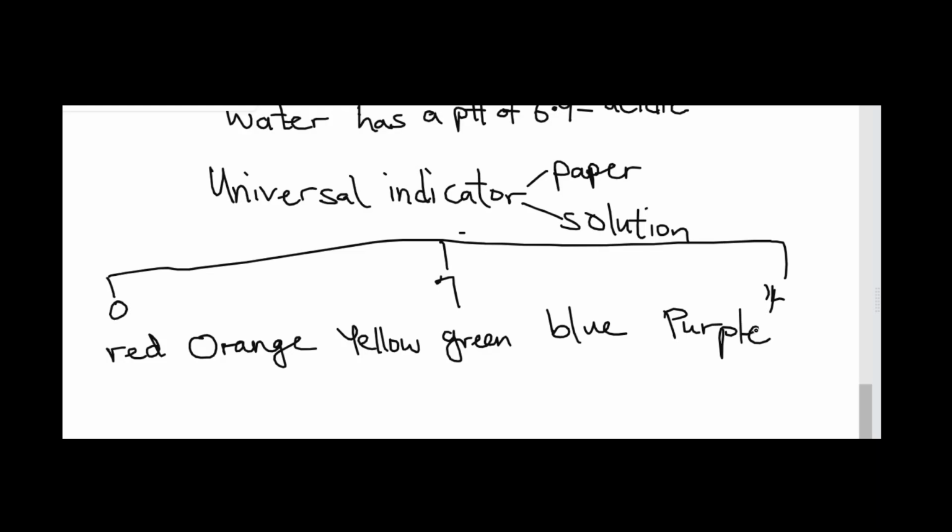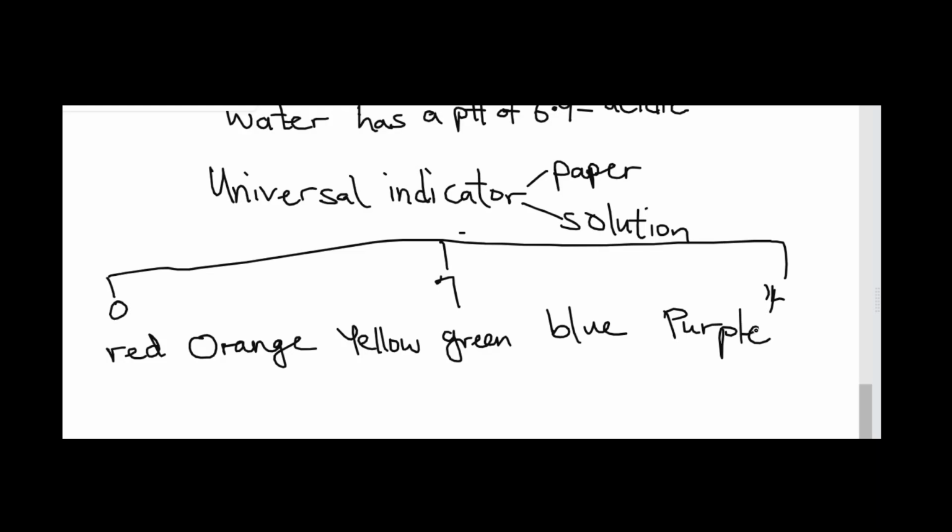Okay, so the color change on your universal indicator, for example, the paper, you compare it to another paper on the side that contains varying colors that you can put side by side to test and compare.